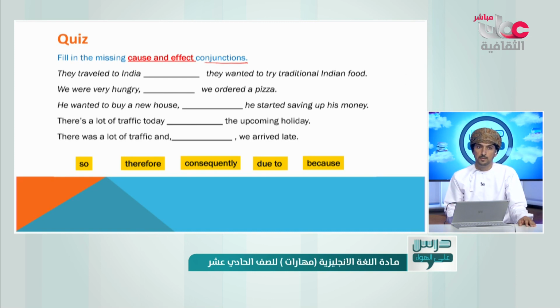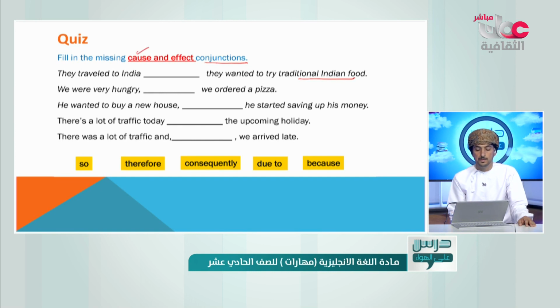Dear students, I want you to try to answer this question before I answer myself. They traveled to India. They wanted to try traditional Indian food. So do we have the cause or the effect here? We have the cause.